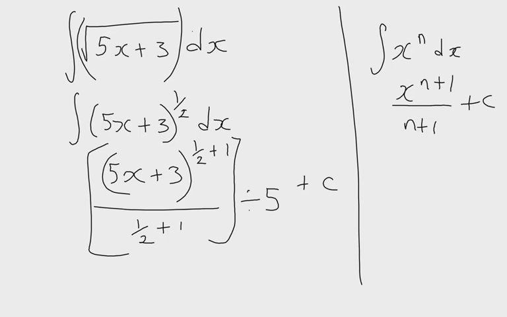But here, x is multiplied by a constant. So that's why it is still written as 5x plus 3, and plus C, but now divided by that constant, which is 5.